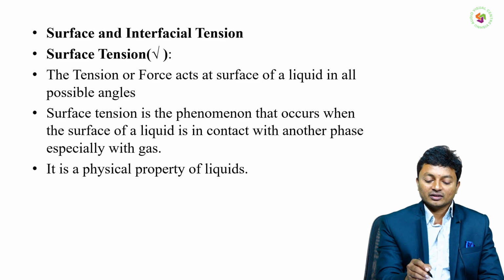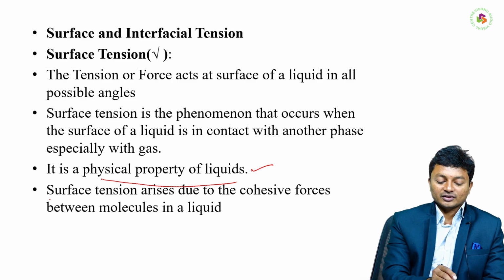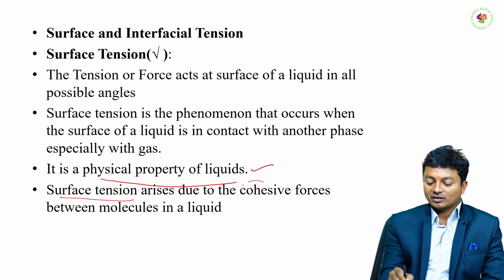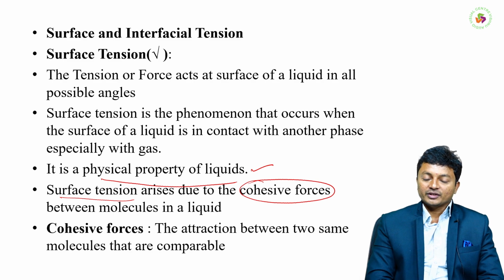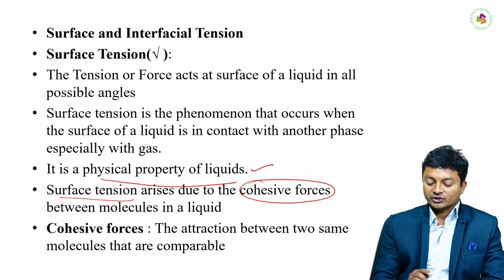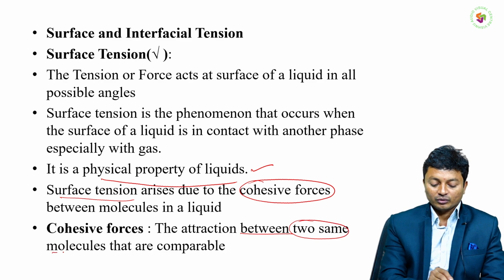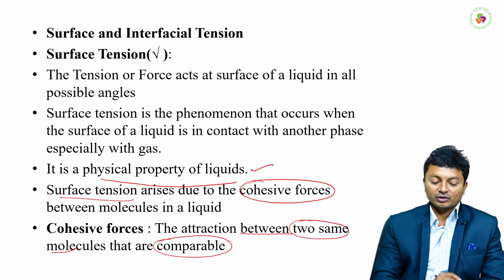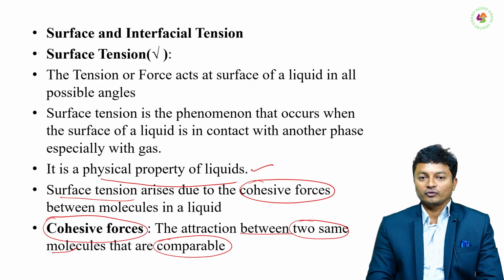Surface tension is a physical property of liquids. It occurs mainly due to cohesive forces, the attractive forces between two similar molecules.